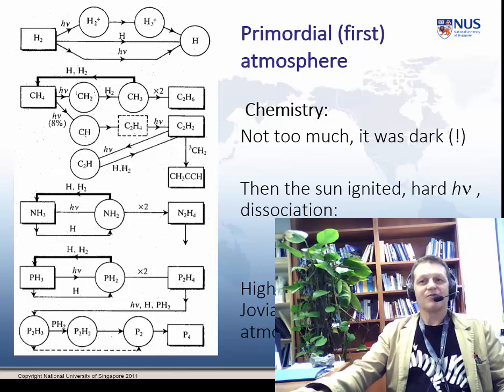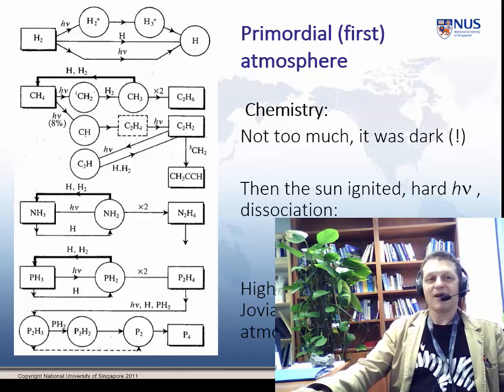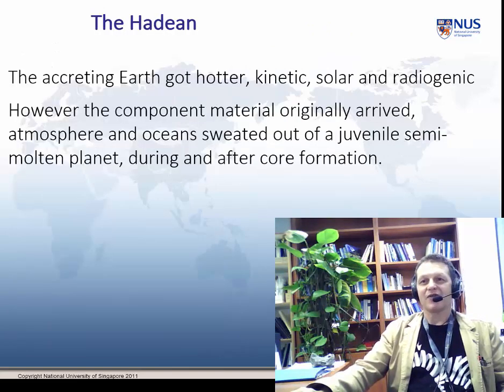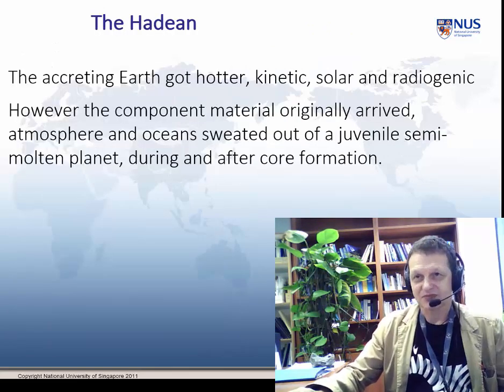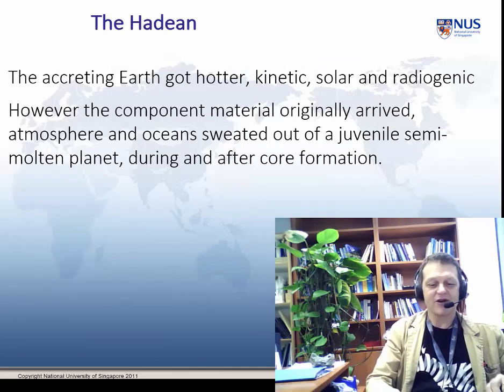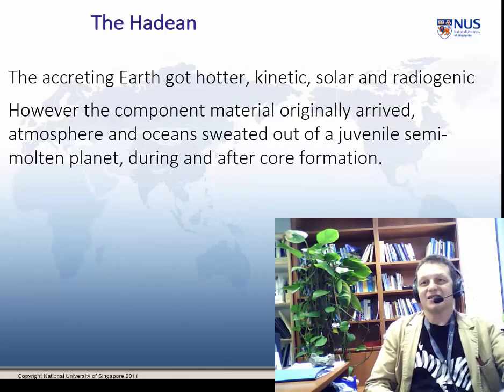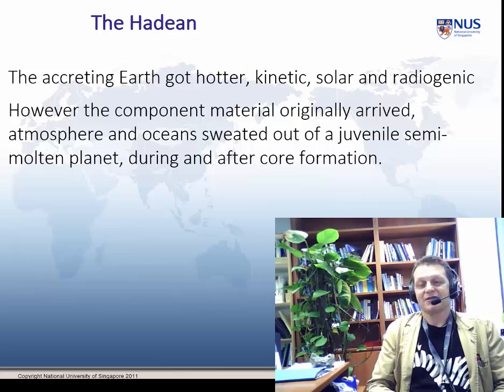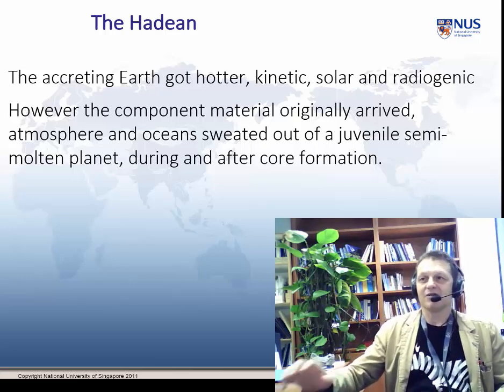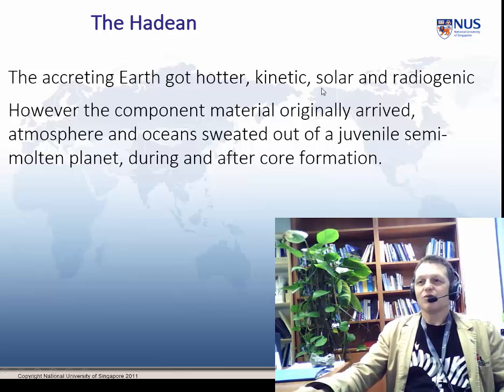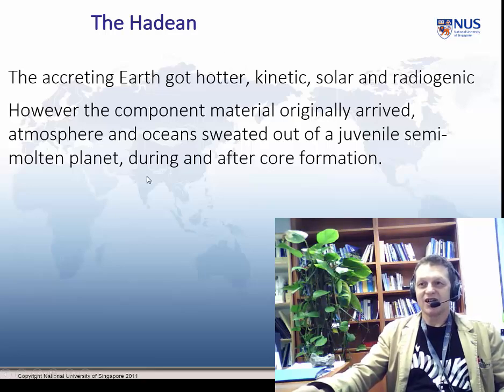Okay, so let's come back to our thinking about that very first period of the Earth's geological history, the Hadean, from the word Hades, for hell. So in the beginning, it was hell. We've talked already about the type of accreting Earth, heating.